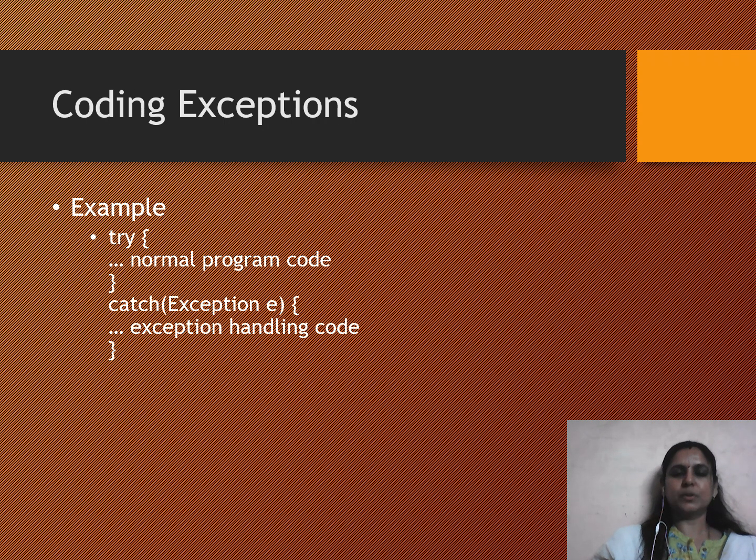Here I have shown the coding of exceptions. The try-catch block: the try block contains normal program code, and the catch block contains exception handling code. This is the syntax or example of coding exceptions.